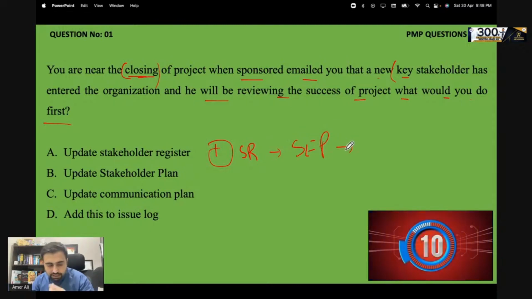And the third thing would be to update the communication plan. The issue log is just a distraction. So by elimination technique, the answer directly goes to the stakeholder register. I can see most of the people have the right answer. Okay, let's go to the next question.